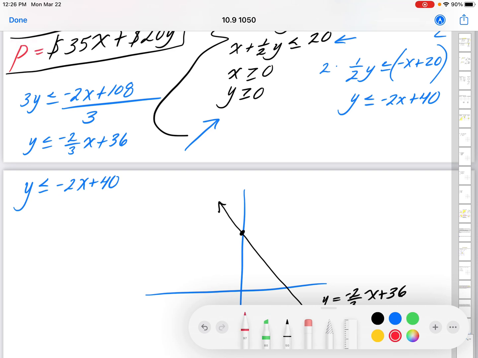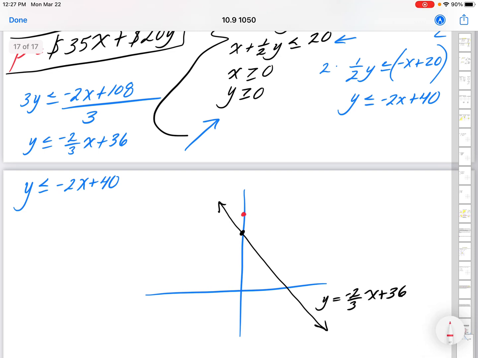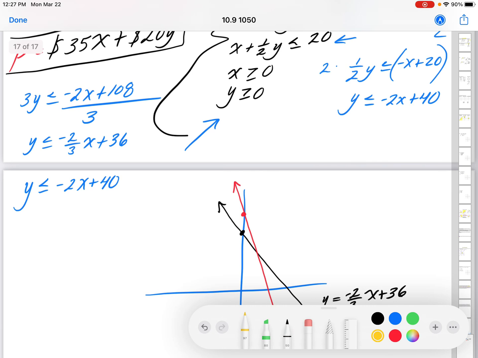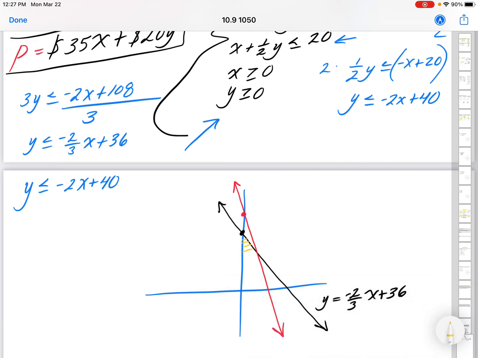And then I'm going to graph the negative 2x plus 40, so I'm up a little bit higher. And then our slope is down 2/1, a little bit steeper, so like that. We're also shading below. And then we're only shading for positive x, positive y.